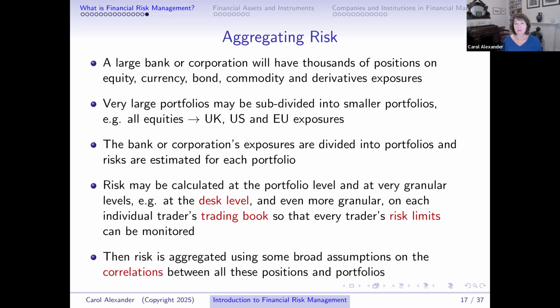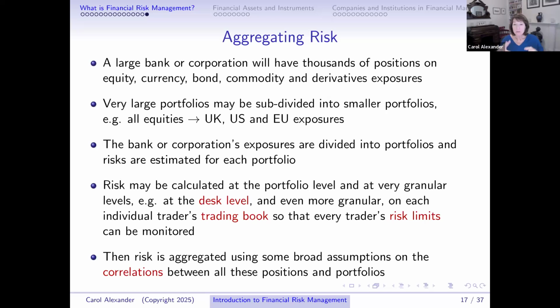So a large bank or corporation will have thousands of positions: equity, currency, bond, commodity, derivatives exposures. And very large portfolios, they can be divided into smaller portfolios. For example, you might have a large equity portfolio, but then there's the UK, the US, the European sub-portfolios as well.